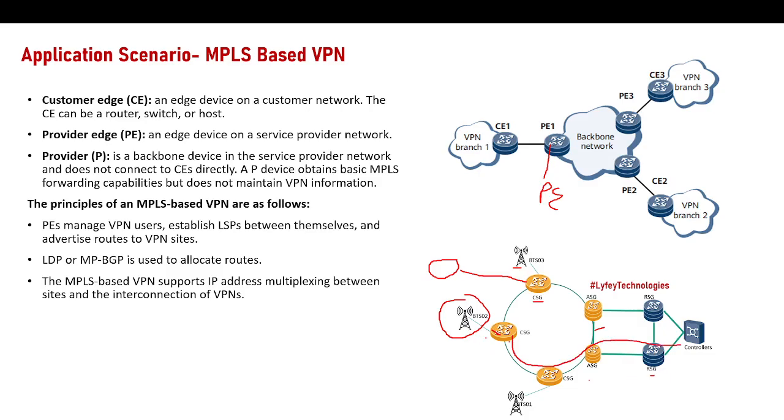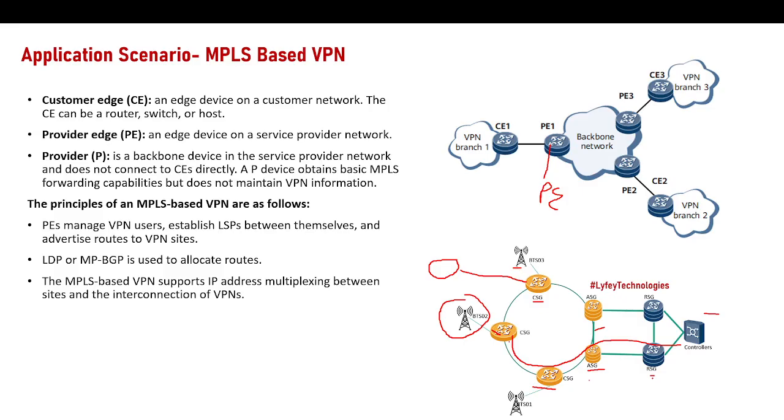When the traffic is coming from the CSG to the RSG, the intermediate devices are all acting as the provider routers. They are part of the MPLS backbone, and they are the ones doing the label swapping when the packet is flowing from one BTS to the controllers.